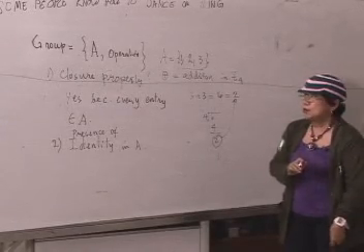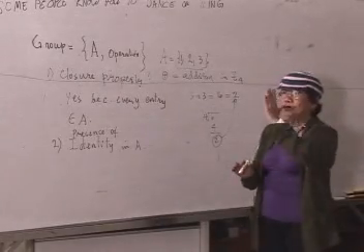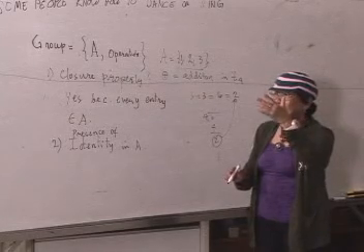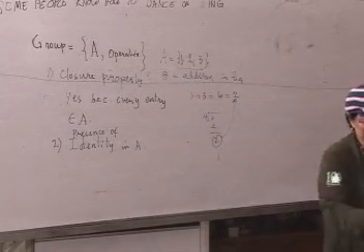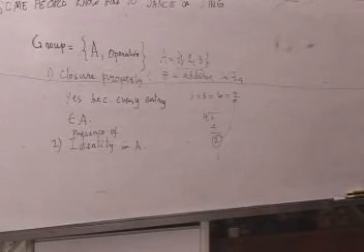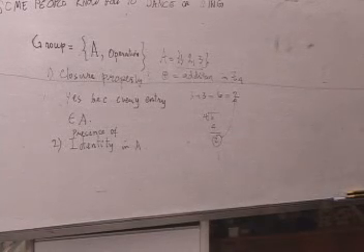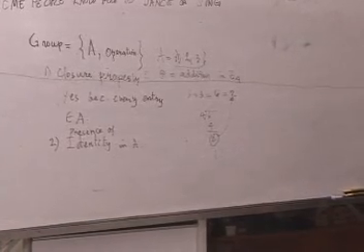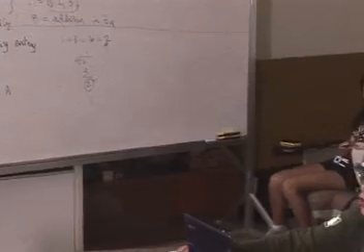What you do is look at the columns. Let us look at it, we want to know if there is an identity. So what do we do? These elements here are the elements of the set added to these elements here.